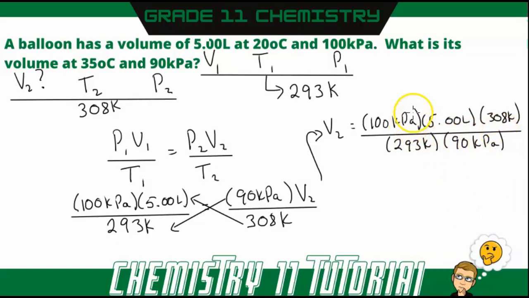So when you write it all out, you can also look at your units to make sure you didn't make a mistake, and you'll see you're left with units of liters, which is volume. So we get V2 to be 5.8 liters. I hope this tutorial helped.